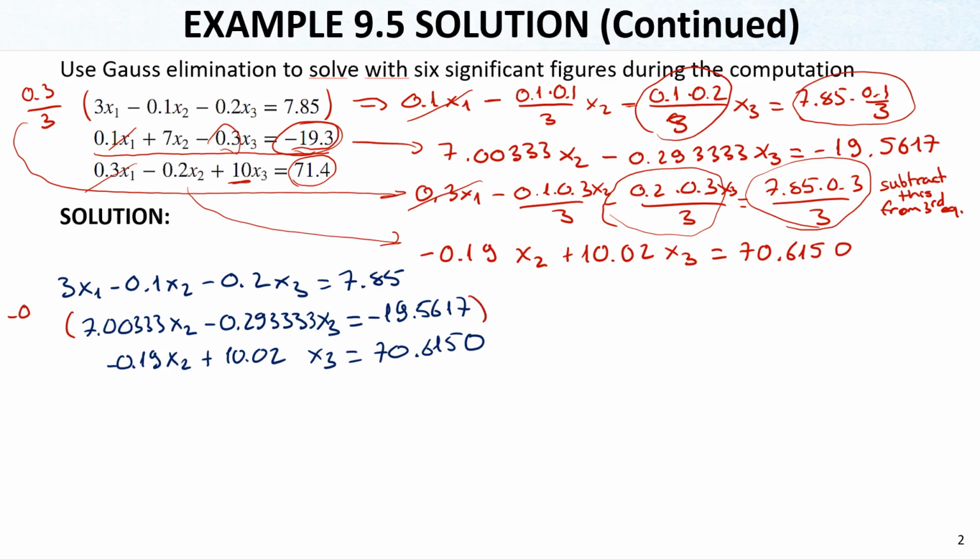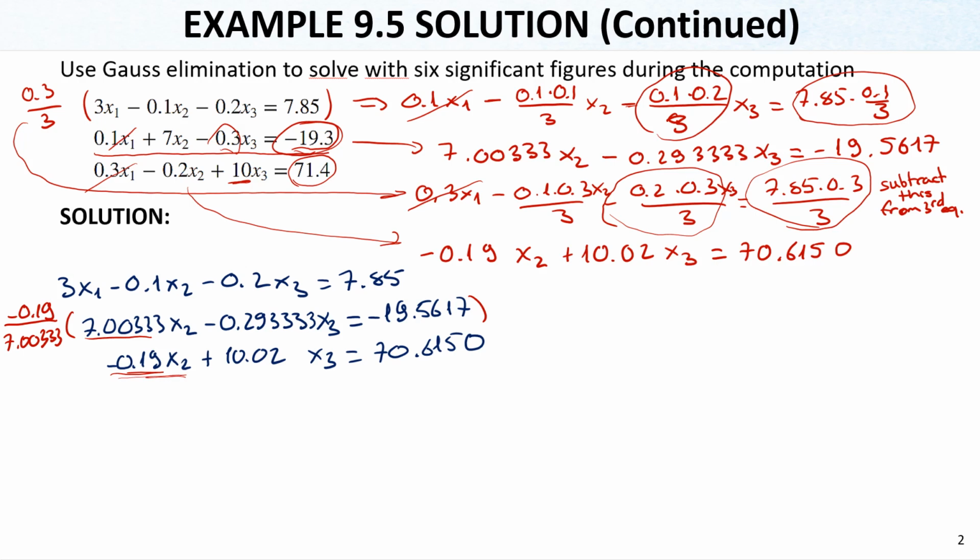Divide minus 0.19, the first term of the third equation, by the first term of this equation, 7.00333, and multiply this by the second equation so that we can have an elimination of x2 from the third one.